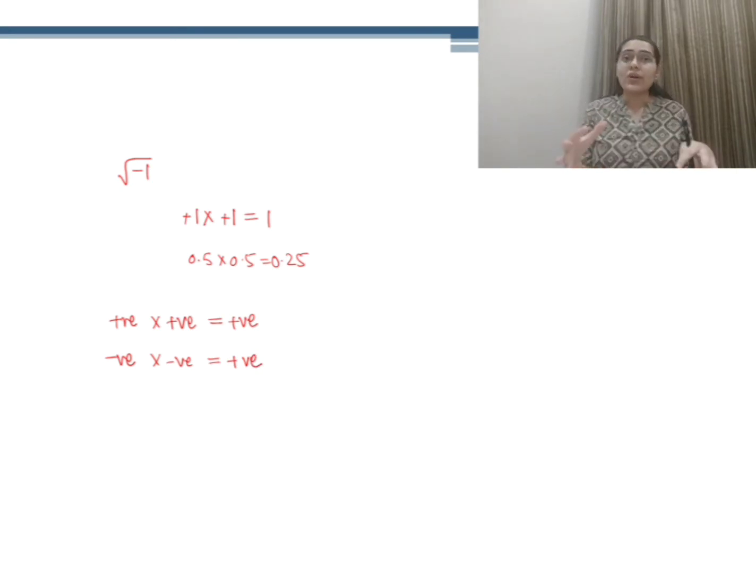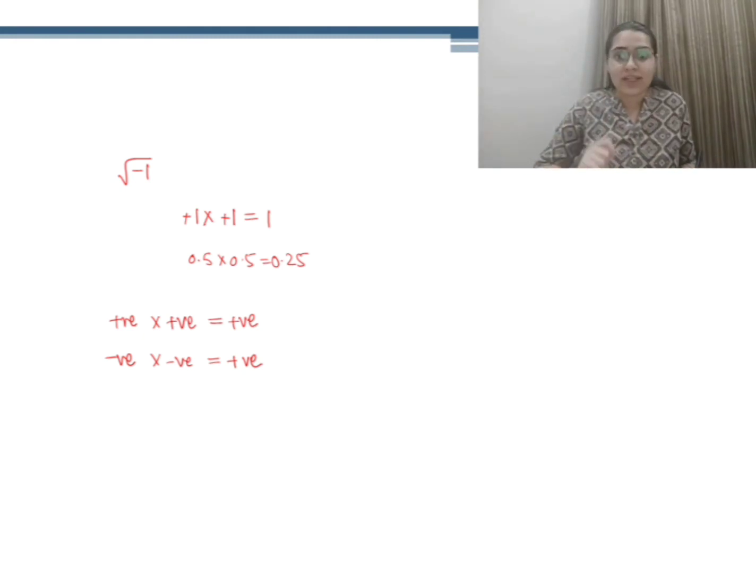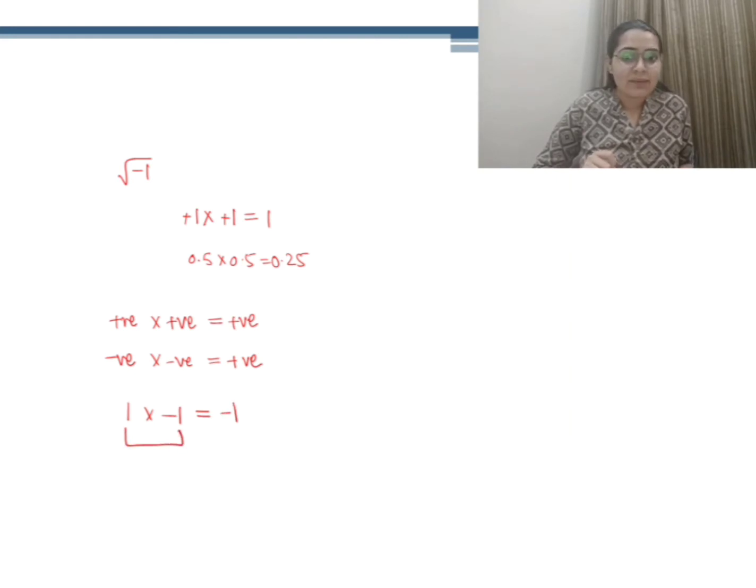So in no case we are going to find a number that is multiplied by itself and gives us a negative number, gives us -1. So it is really not possible to find a number that is multiplied by itself and gives us -1. Sure, one can think of 1 multiplied by -1 gives us -1. But are they same numbers? No, not same.